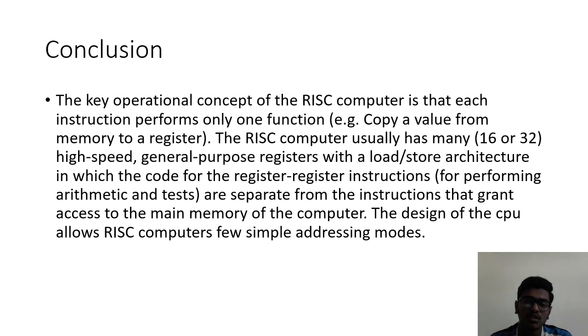The RISC computer usually has many, like 16 or 32, high speed, general purpose registers with a load/store architecture, in which the code for the register instructions for performing arithmetic is separate from the instructions that access the main memory of the computer. The design of the CPU allows RISC computers few simple addressing modes.